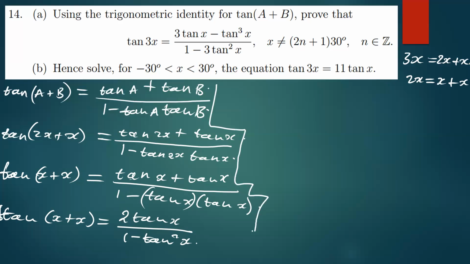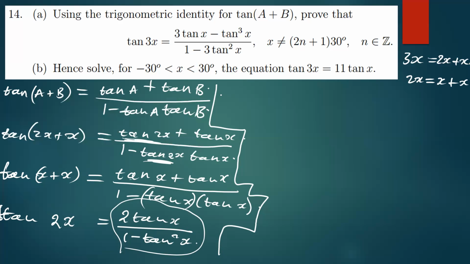So this is what you have as your tan 2x, because x plus x gives you 2x. What is tan 2x in this expression? I'm going to replace it with this expression.